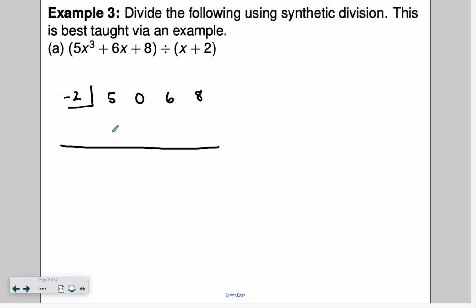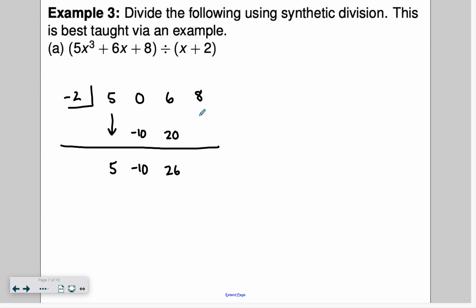All right, bring down the 5. Negative 2 times 5 is negative 10. 0 plus negative 10 is negative 10. And then you repeat the process again. Negative 2 times negative 10 is positive 20. 6 plus 20 is 26.